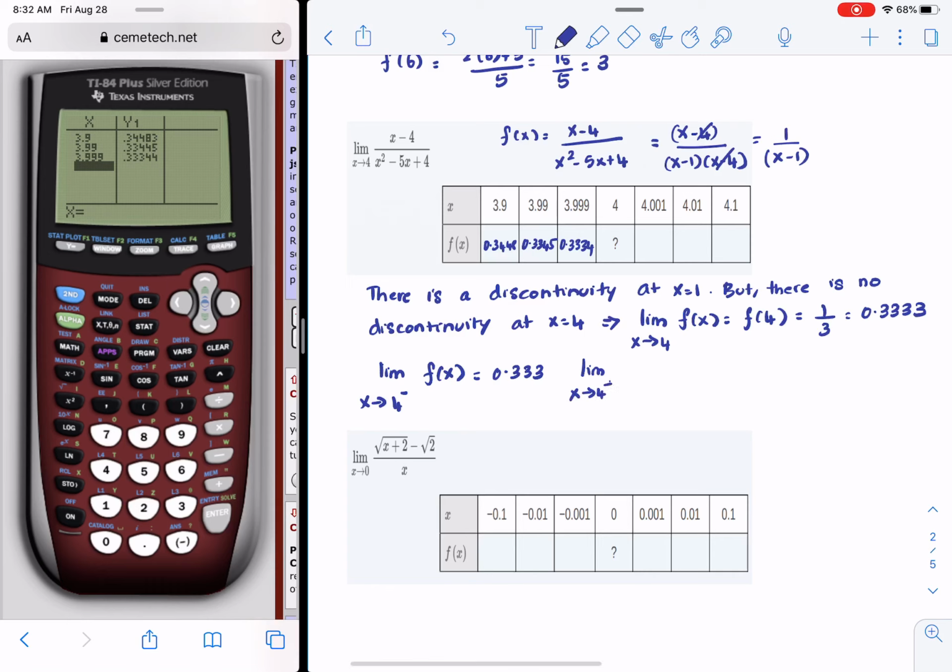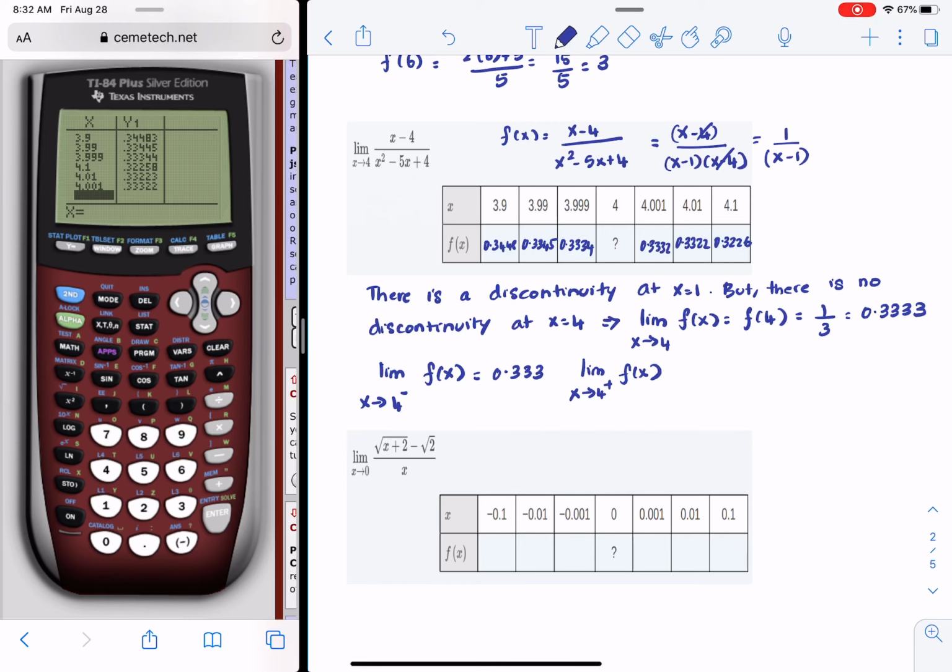From the right-hand side, when I plug in 4.1, I get 0.3226, 4.01, 0.3322, 4.001, you get 0.3332.